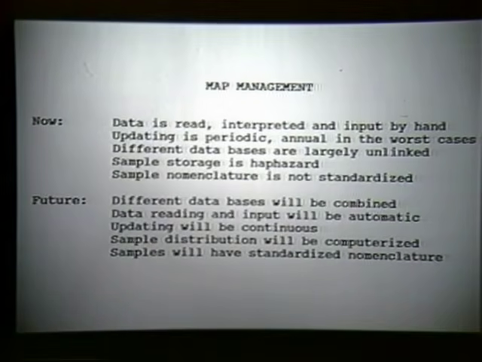Okay, now maps, by which I mean really genetic maps, physical maps, restriction maps, cosmid maps, all kinds of maps, but not sequence. The data is actually read, interpreted, and input into computer databases by hand. As far as I know, there's no automated data entry available today for any of these procedures.